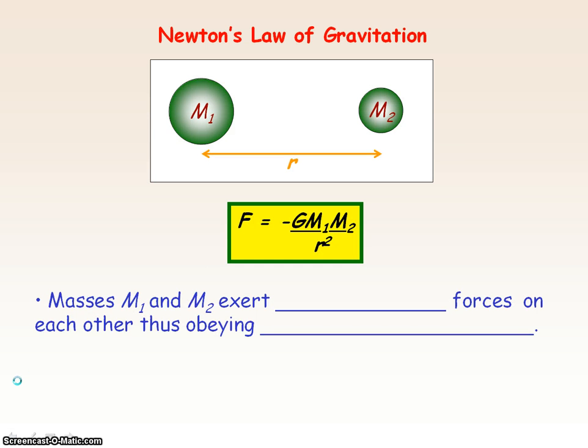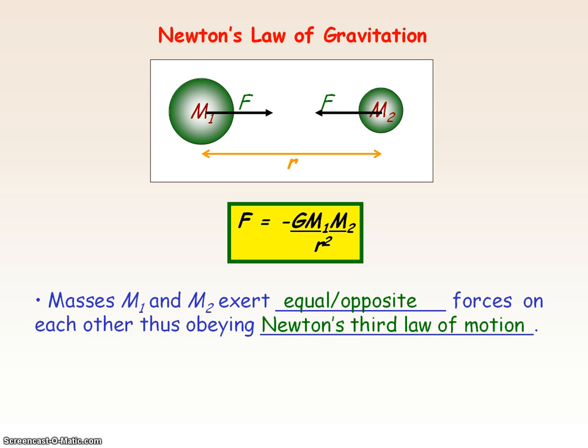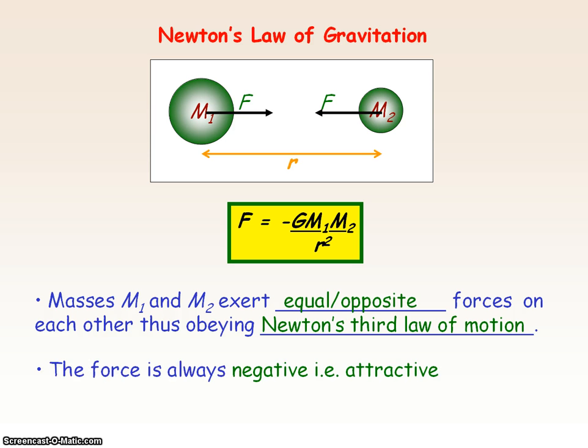The masses exert equal and opposite forces on each other, thus obeying Newton's third law of motion. And the force is always negative, implying that the forces act towards the centre of the masses, and so the masses are always attracted to each other.